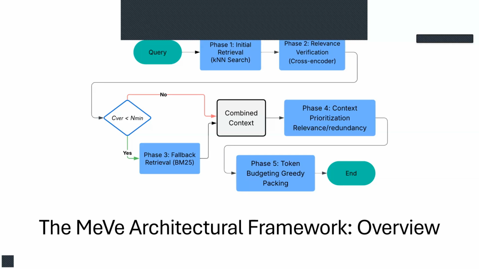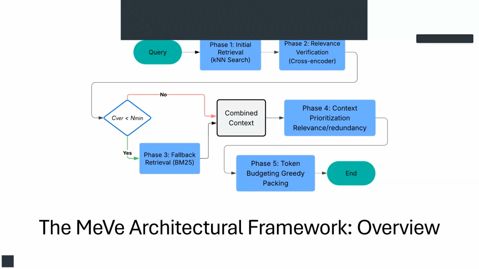Also specifically a cross-encoder. And this is the filtering step. The purpose is to eliminate information that isn't truly relevant from the initial set found in phase 1. This uses a specialized AI model called a cross-encoder and examines each potential document alongside the original question.